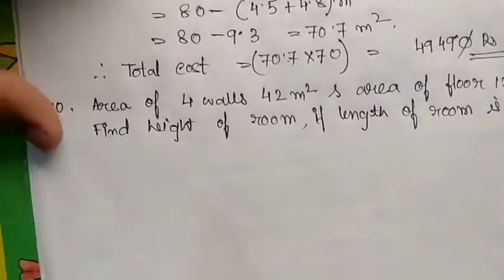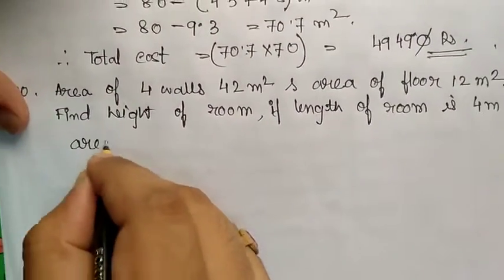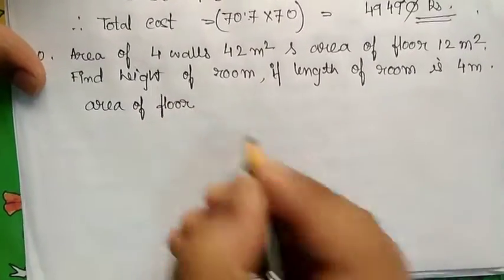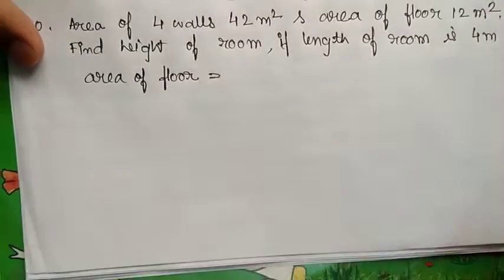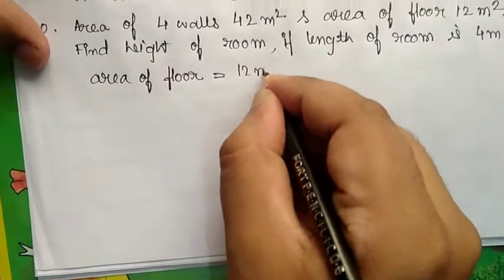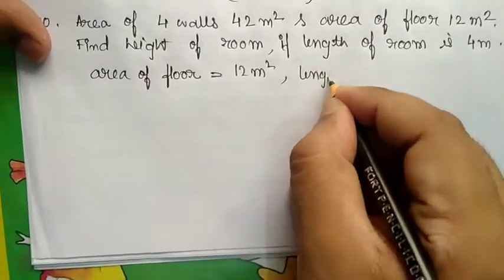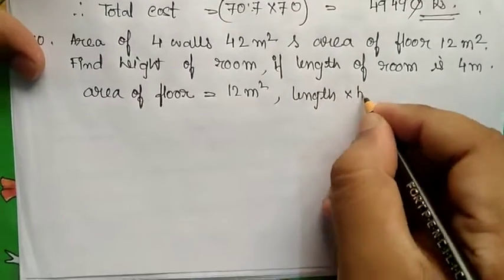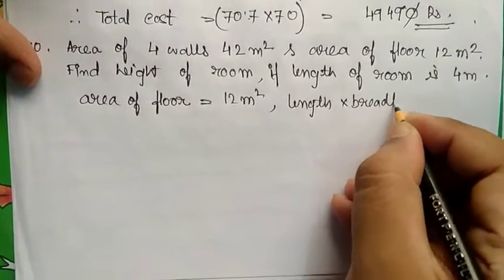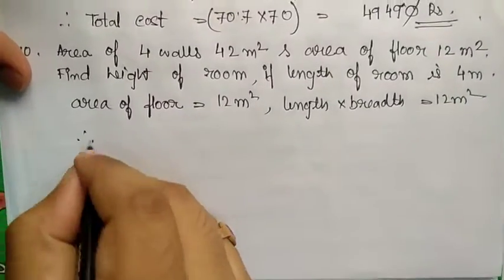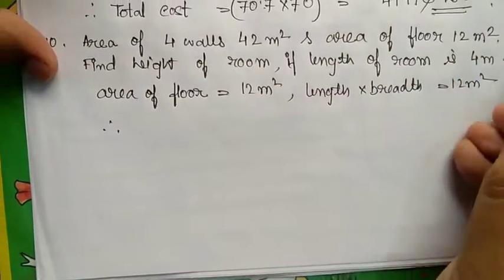So therefore, first of all, area of floor is given as 12 meter square. So area of the floor always is length into breadth, equal to 12 meter square. Therefore, we know the length is 4 meter.